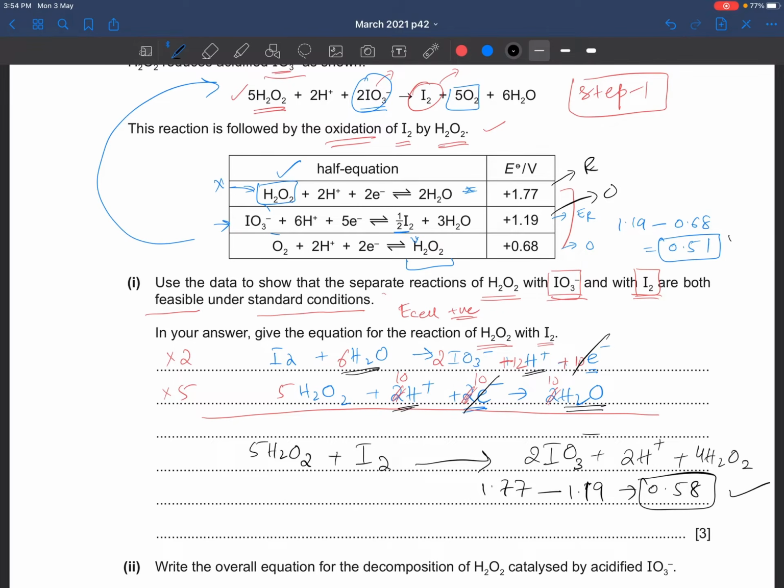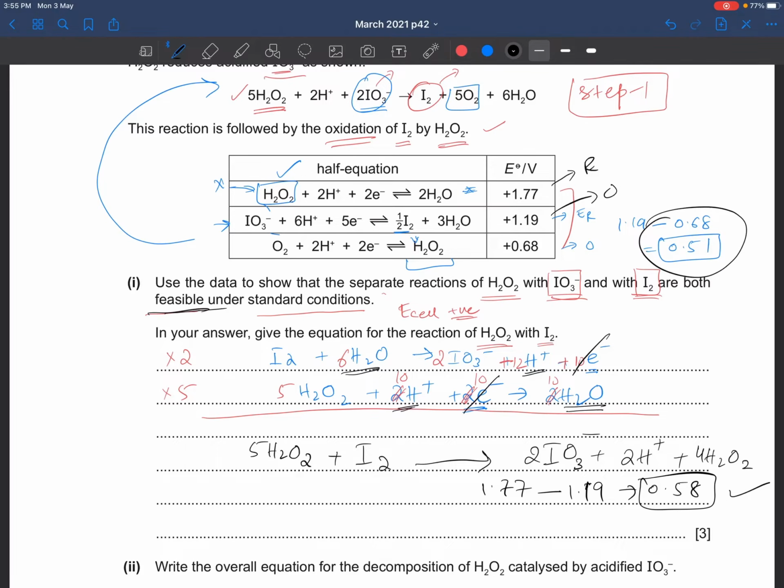For step 1 we have already calculated the E cell value, 0.51, so this is also feasible. So both the reactions are feasible under standard conditions because the E cell values are positive.